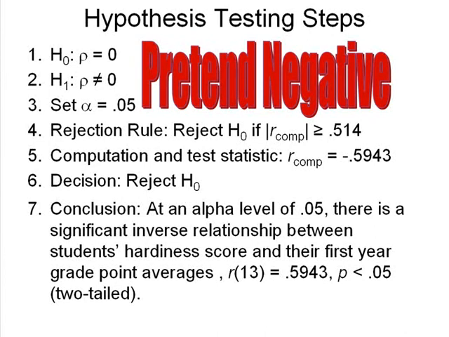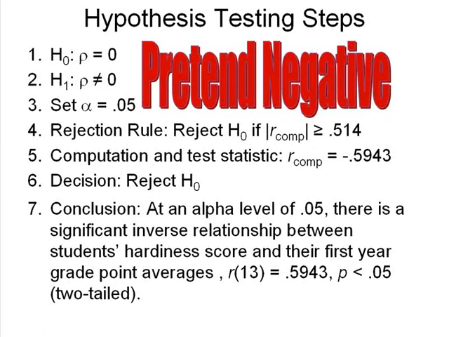But following that, we would say there is a significant inverse relationship between students' hardiness scores and their first-year grade point averages. So the difference is in the word inverse versus direct. Inverse means that the higher the hardiness score, the lower the GPA is likely to be at the end of the first year. That's not the case.